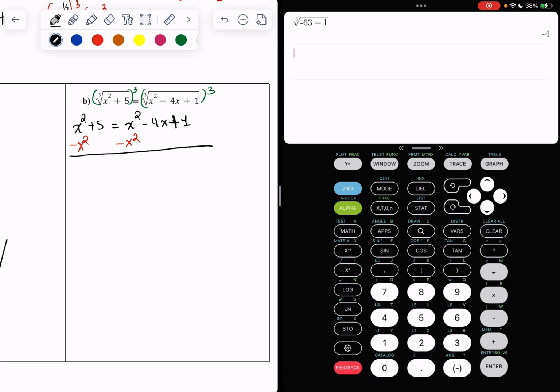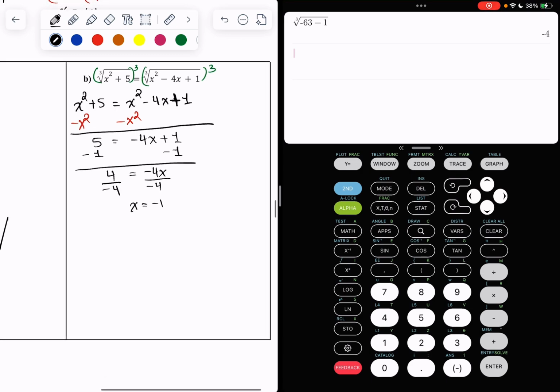So we were able to cancel them out. We're left with 5 is equal to negative 4x plus 1. I subtract 1 on both sides, leaving negative 4x is equal to 4. Divide by negative 4, divide by negative 4, x is equal to negative 1.